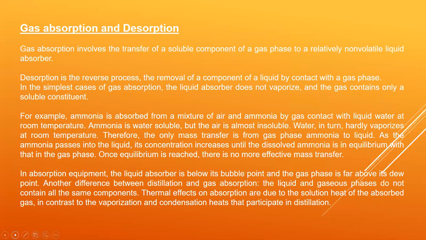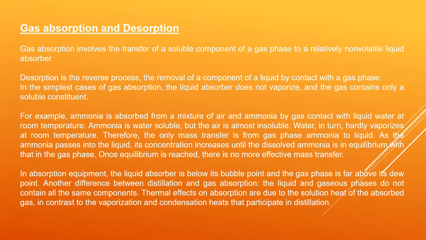Anyway, let's proceed. So we go to the next separation process and discuss absorption and desorption. Now, desorption is just the opposite of gas absorption. So in gas absorption, there is the transfer of a soluble component of a gas phase to a relatively non-volatile liquid absorber.